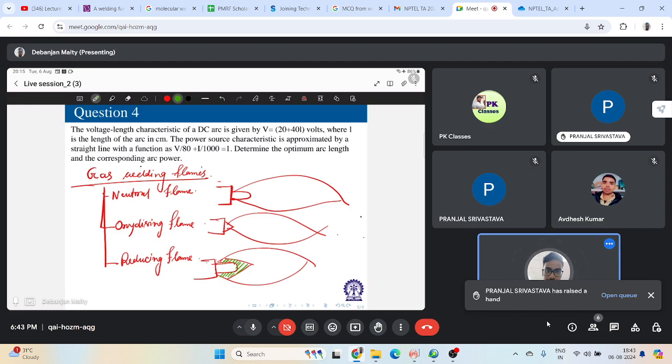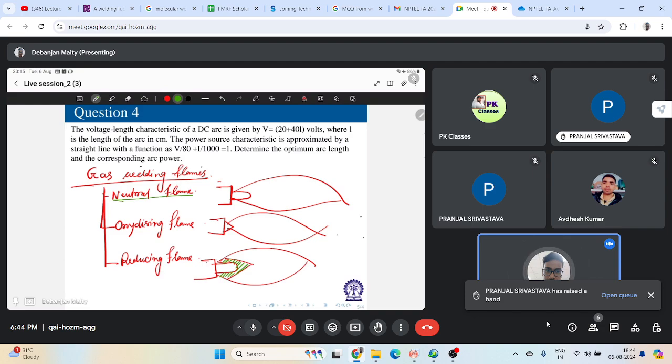As you know, you are mixing oxygen and acetylene in 1:1 ratio. Here in a neutral flame, it can be characterized with a short inner core and a longer outer envelope.